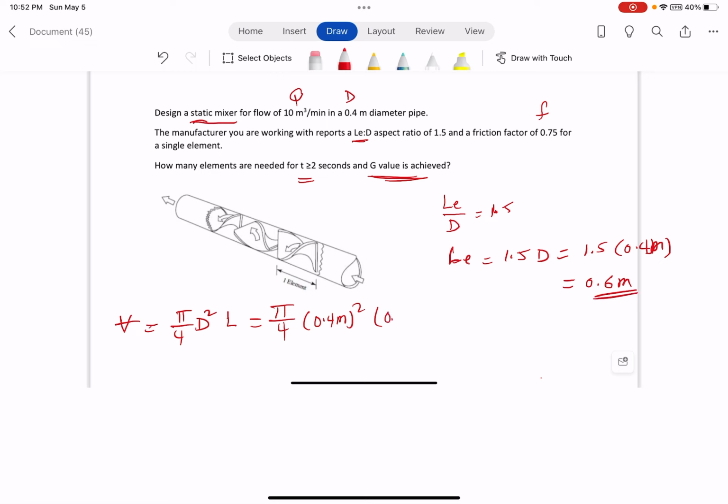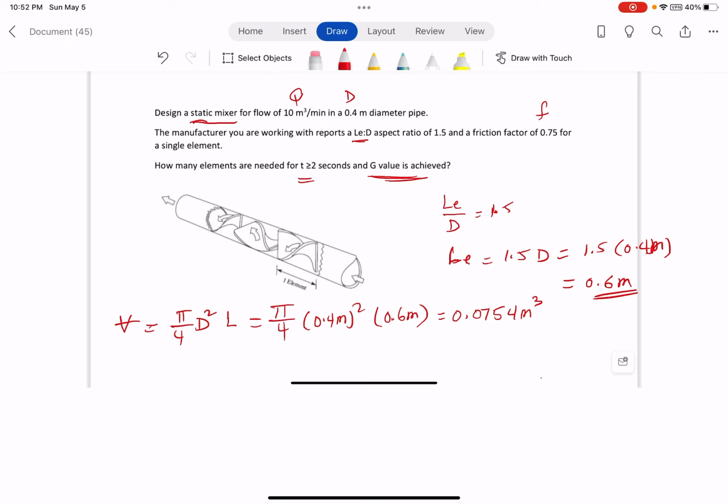Now you do pi over 4 times 0.4 squared times 0.6. The volume per element is 0.0754 meter cubed.